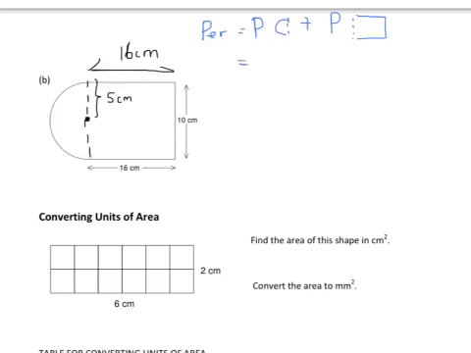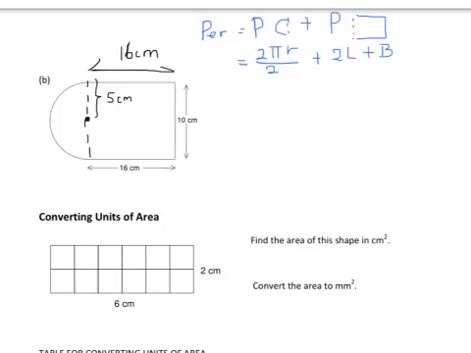Now, the formula for the perimeter of a circle is 2 pi r, but we've only got half a circle, so we can divide that by 2. And the distance around the 3 sides are 2 lengths plus 1 breadth. So there's 1 length, there's the other length, there's the breadth.